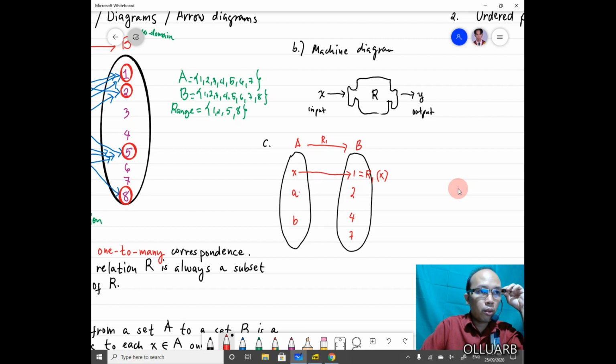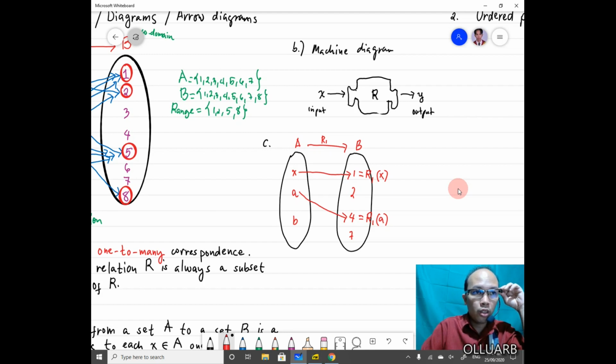So another example, if you have A is mapped to 4, then your 4 is R sub 1 of A. The same explanation as in the previous one. Your object A here is an element of the domain, and your rule or your machine is R sub 1, and your object A here is mapped to 4.